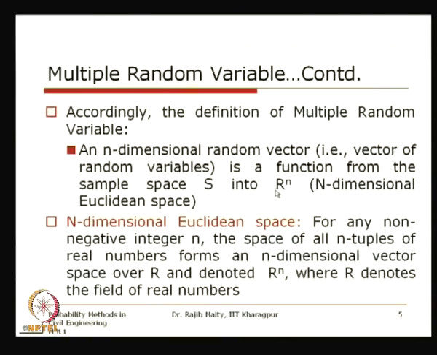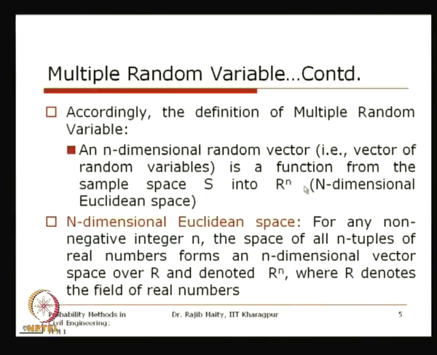So the bivariate case is a two-dimensional random vector having two random variables in it. This is a function from the sample space S into two-dimensional Euclidean space. Here I will show in a minute how it looks pictorially.